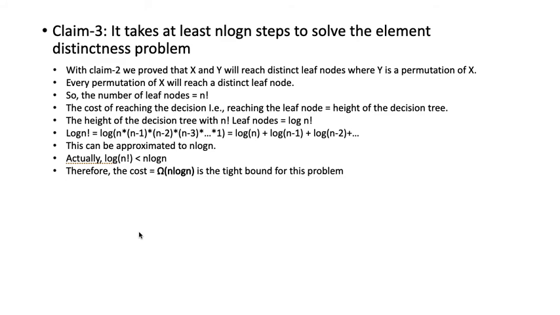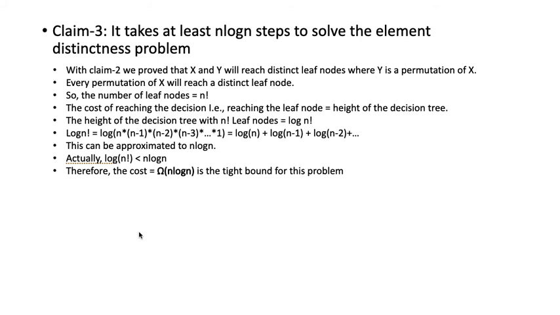So we can say that for every permutation of x, we'll have a distinct leaf node, right? So how many permutations can we have with x? It is n factorial. So the total number of leaf nodes is going to be n factorial.